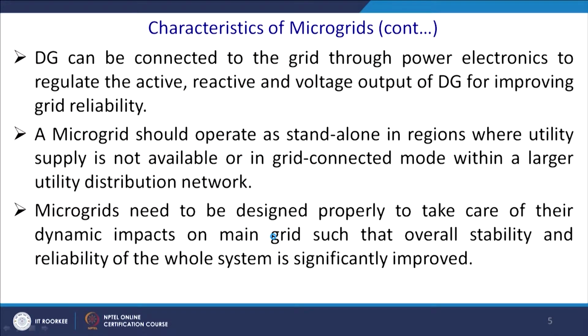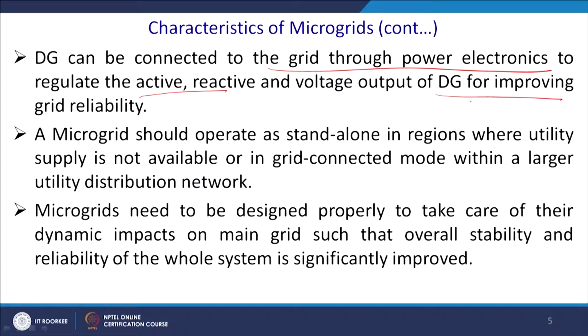Moreover, DG can be connected to the grid through power electronics to regulate the PQ control, that is active and reactive power control. Once you are injecting or taking power from the grid, we have to maintain the grid code and the voltage output of the DGs for improving grid reliability.